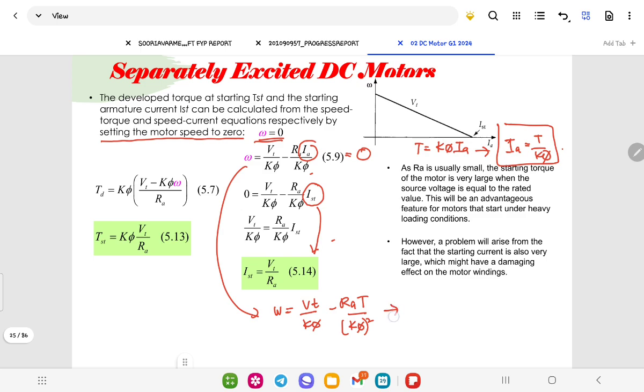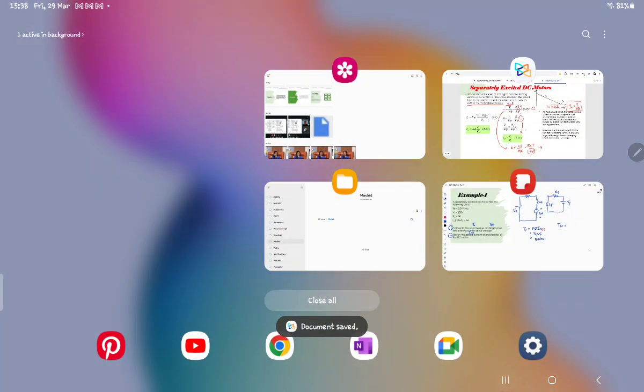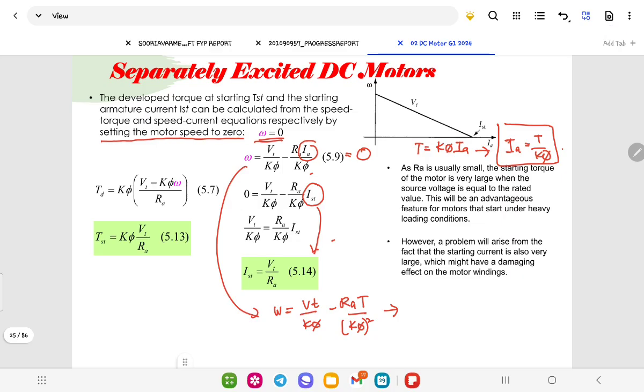So from here you have the torque T, and this torque is actually the starting torque when you set the speed to 0. When you set the speed to 0, it becomes TST. It's similar to this one, and you can rearrange this T.